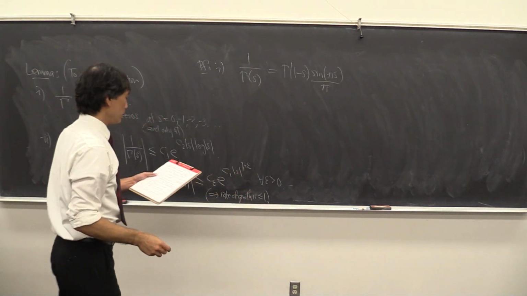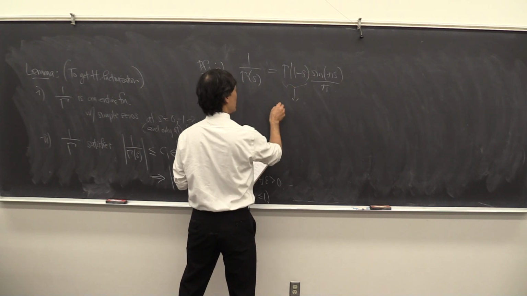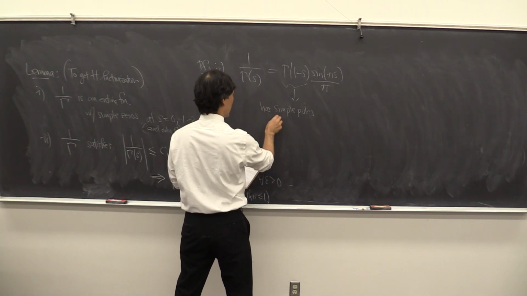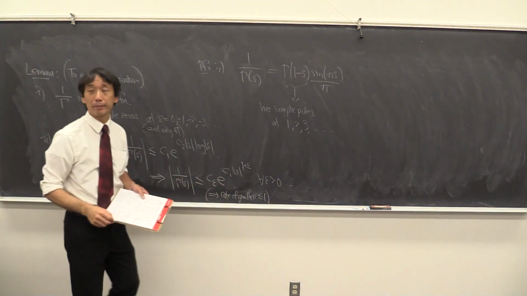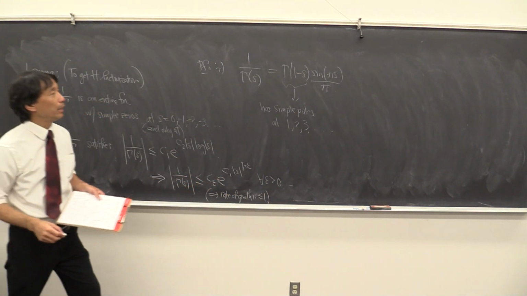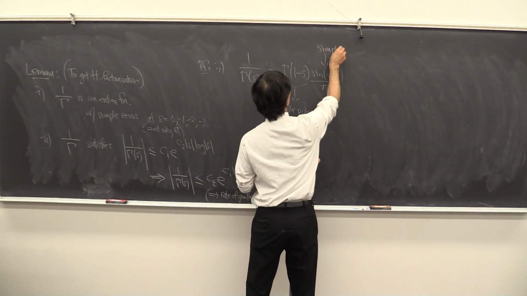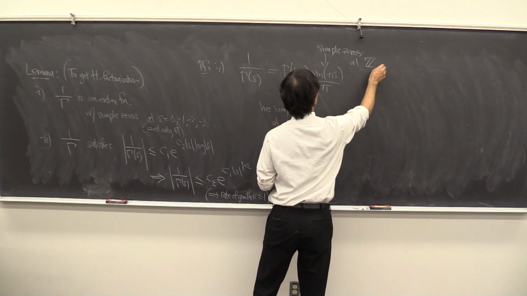This part has simple poles at 1, 2, 3, etc. And this thing has simple zeros at all the integers.